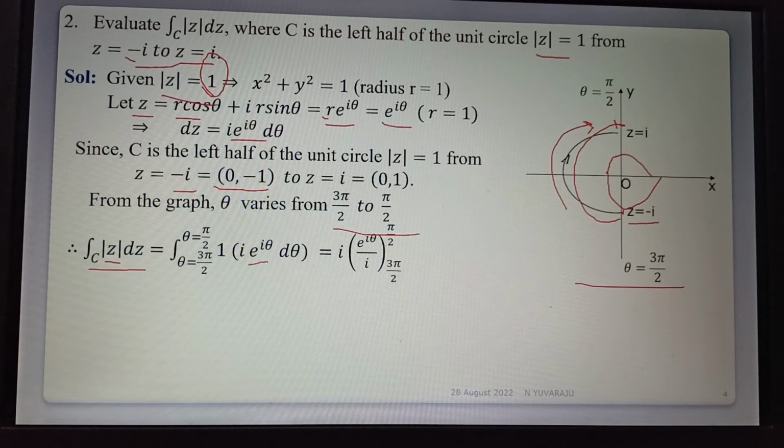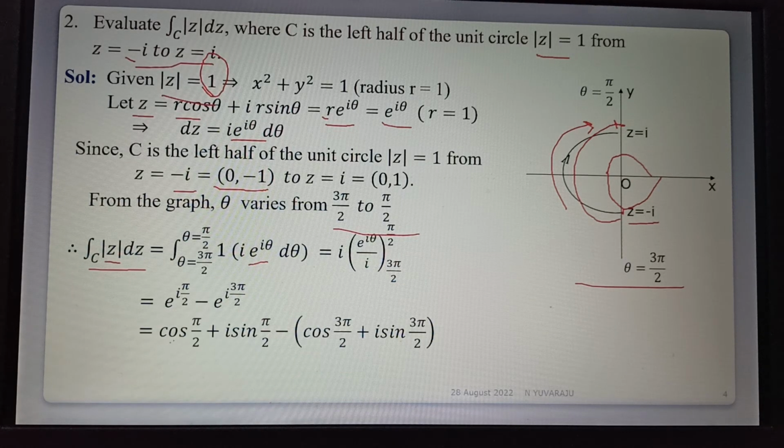So the integration of e power i theta is e power i theta by i. Substituting the theta limits, upper limit 5π/2 minus lower limit 3π/2, we get e power i 5π/2 minus e power i 3π/2.